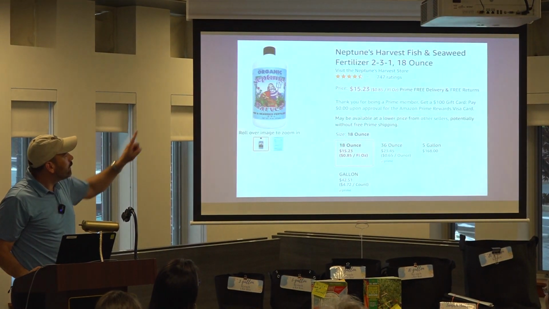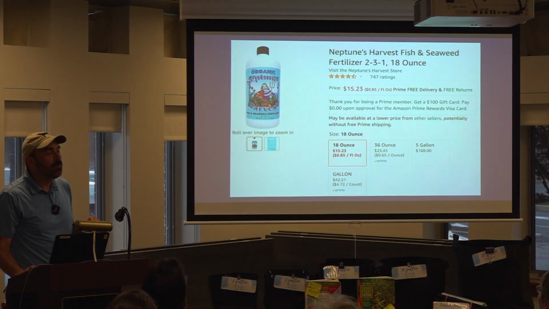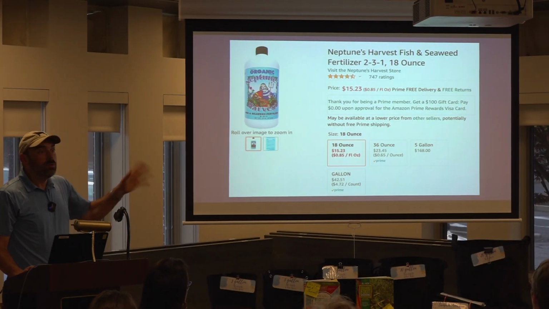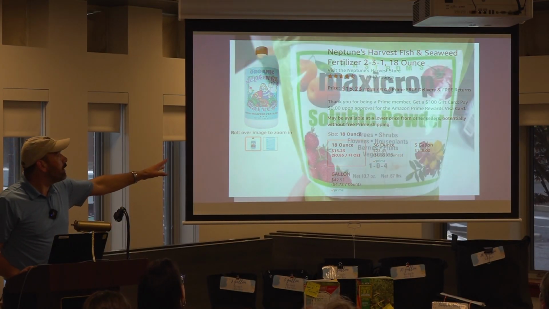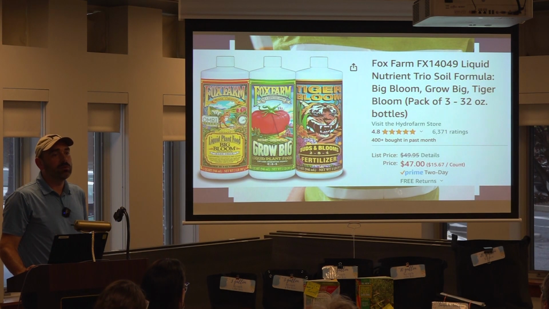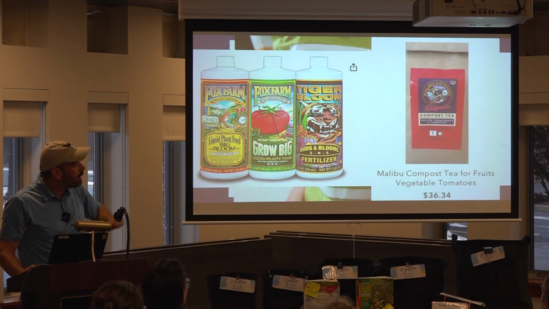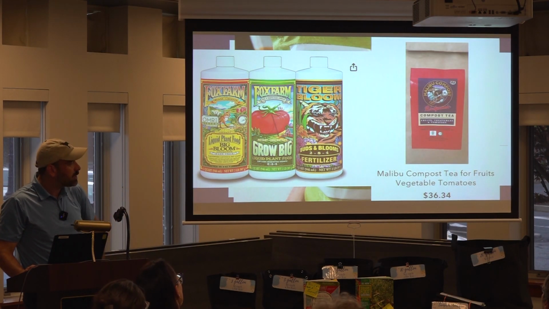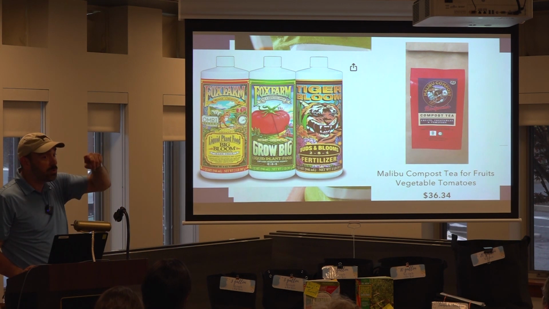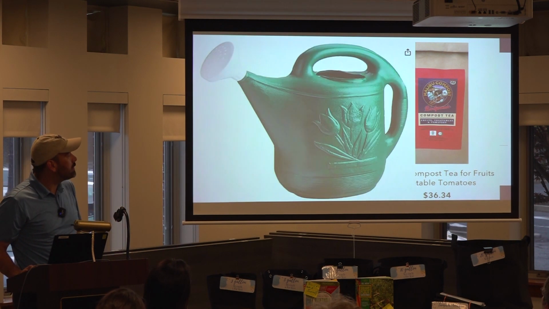So what is it? You're using stuff like this that smells like seaweed and fish, or you're using this stuff that doesn't smell like seaweed or fish, or you're making your own compost tea. They make little bags that you can brew. That is a waste, $36 for that. If you got your own compost pile or your bunny manure, you can use your bunny manure to make your own compost tea.